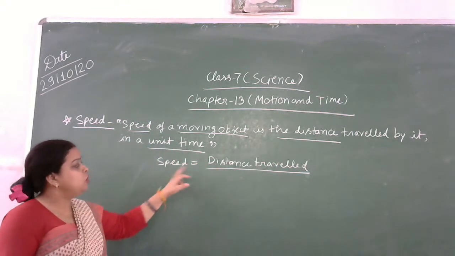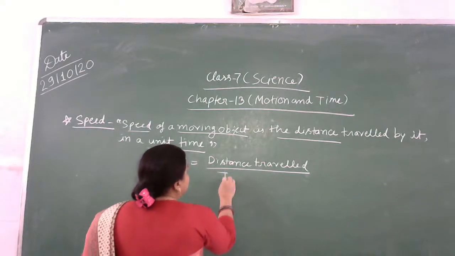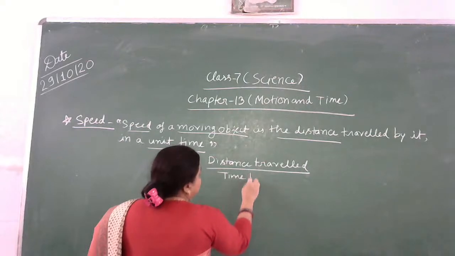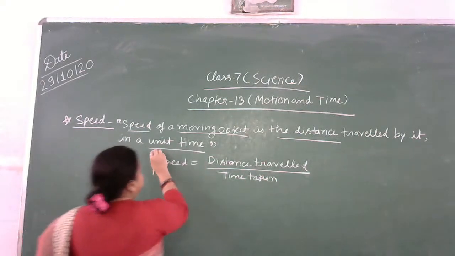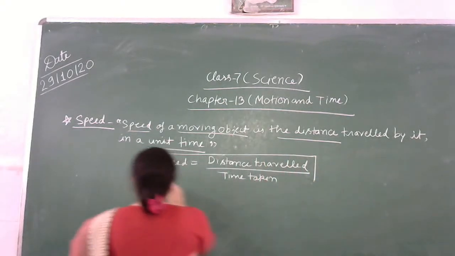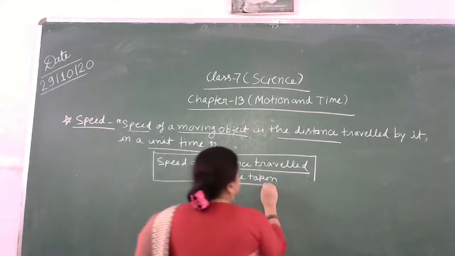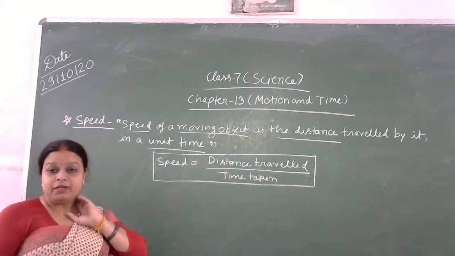So we can say speed equal to distance traveled by time taken. This is the formula of the speed.